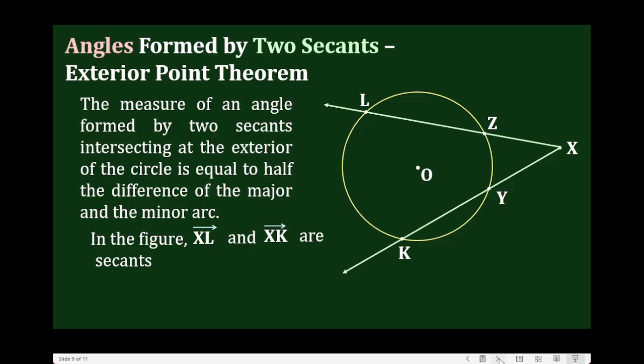They are both secants intersecting the exterior of a circle at point X. Because of that, there is an angle formed, and that is your angle X.